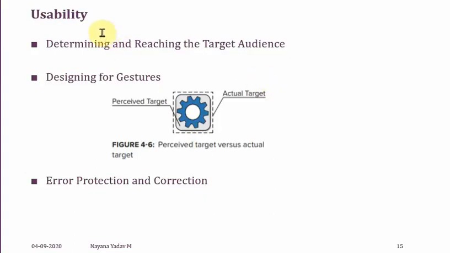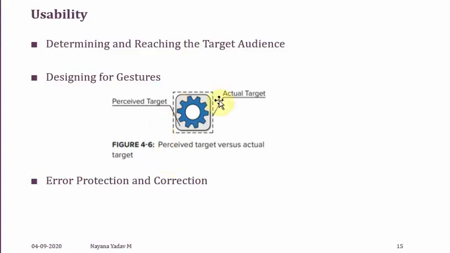And next one, in usability, we said we must know who our target audience is, how they are going to use it, and also designing gestures. Under designing gestures, whenever any new gestures are being added to your app, you should make sure that your audience will know about them. You can go for a pop-up announcement.